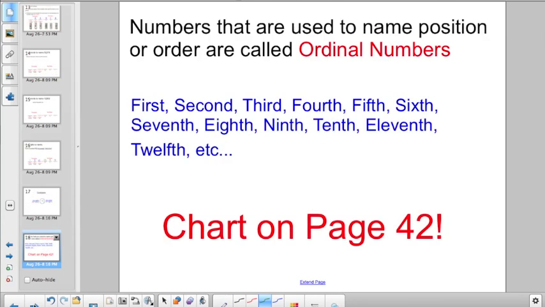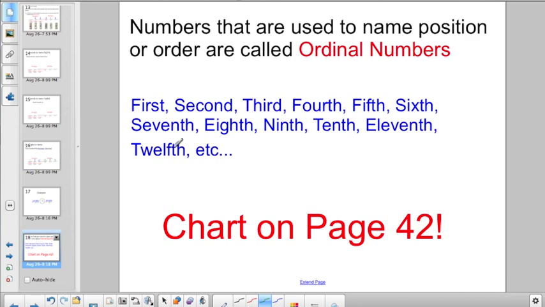Another thing to talk about. Numbers that are used to name position or order are called ordinal numbers. And there's a big old chart on page 42 if you ever need to go back at it. And the ordinal numbers are like first, second, third, fourth, fifth, sixth, seventh, eighth, ninth, 10th, 11th, 12th, and so on, right?